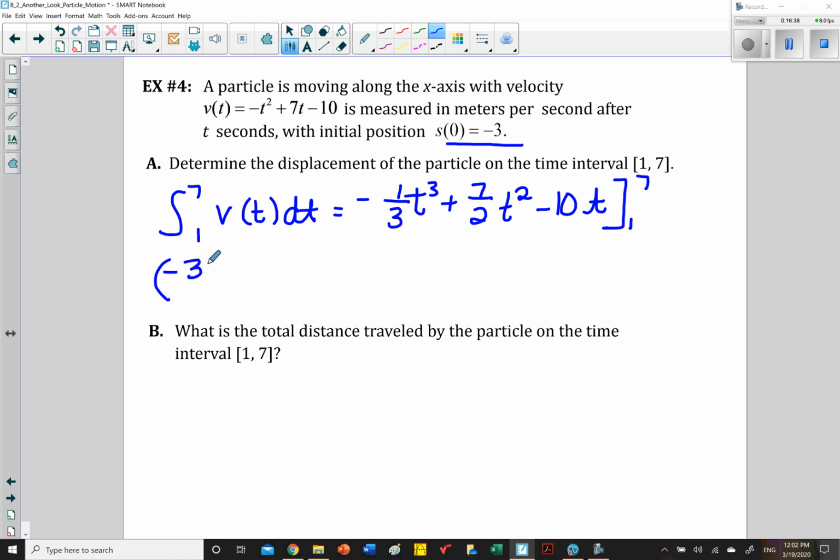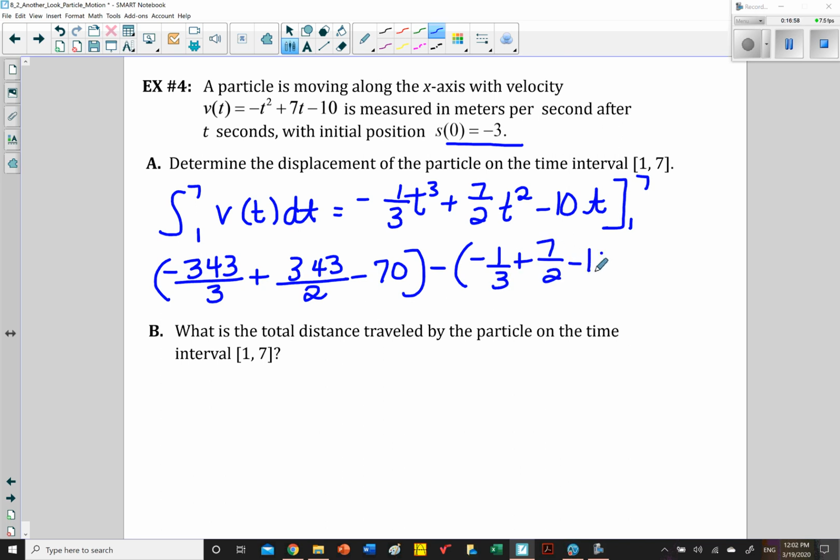which becomes negative 343 over 3 plus 343 over 2 minus 70, and then -1/3 plus 7/2 minus 10. Need a little more room here.